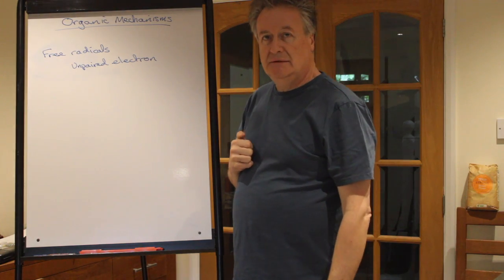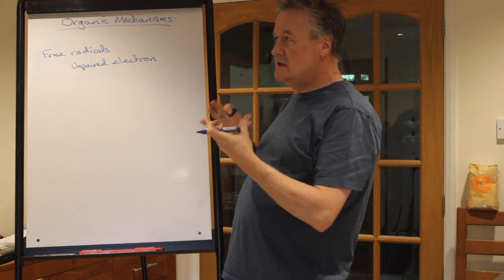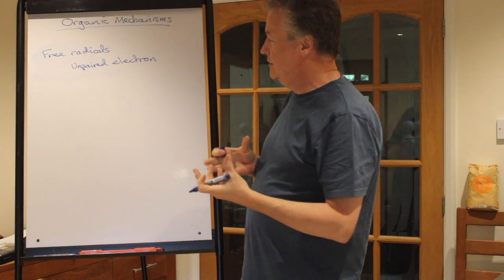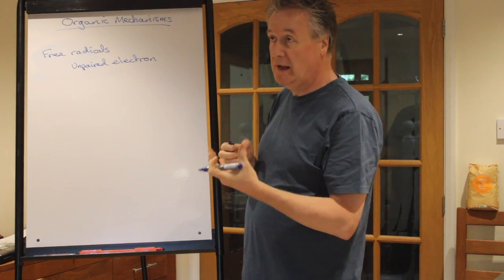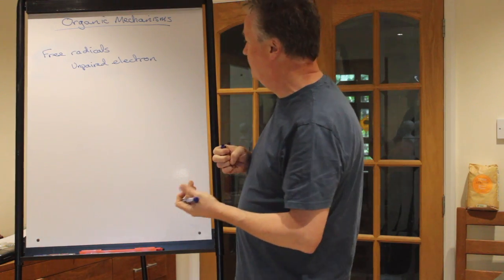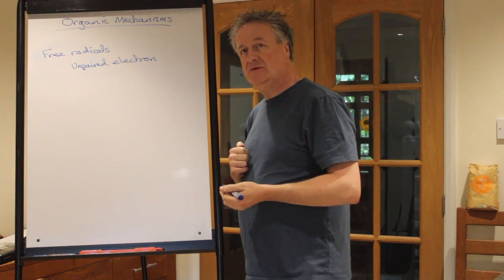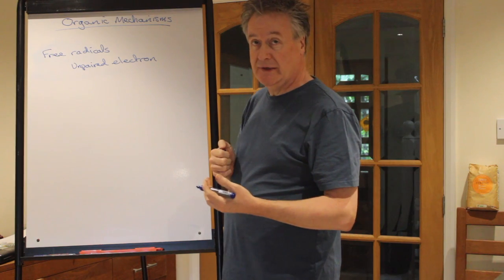They have an unpaired electron. Most of the time electrons on chemicals are an even number, and therefore there's not an unpaired one. They're all paired up. When you get an unpaired electron, it's termed a radical or a free radical.